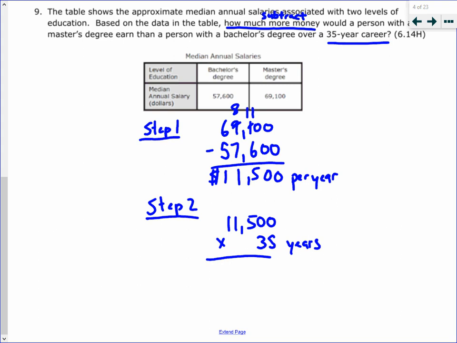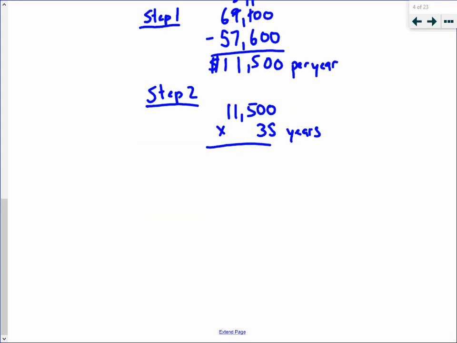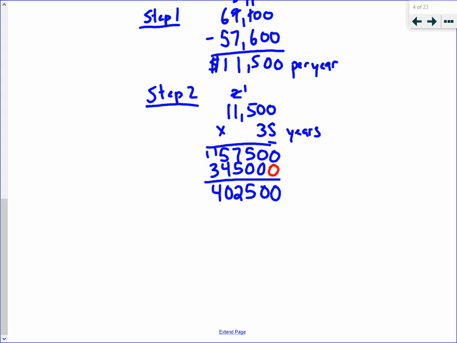So that'll give us, that's our place value, 1, 5, 4. $402,500 is the difference between the 2 careers and the amount of money he'd make over the lifetime of his career.